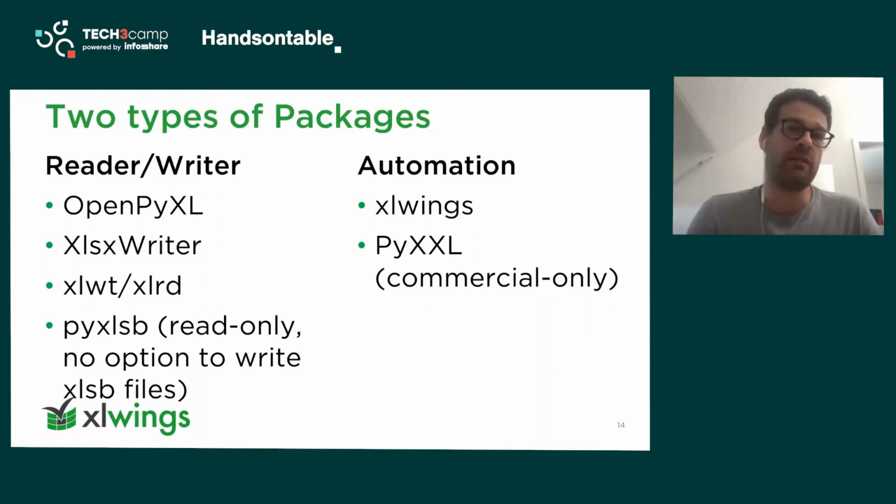But the caveat is, of course, xlwings only works where Excel works, which means it works on Mac and on Windows, but it doesn't work on Linux machines, which makes it harder to use for automated tasks, let's say on your Linux web server. Nevertheless, both packages are very interesting for their particular use case.